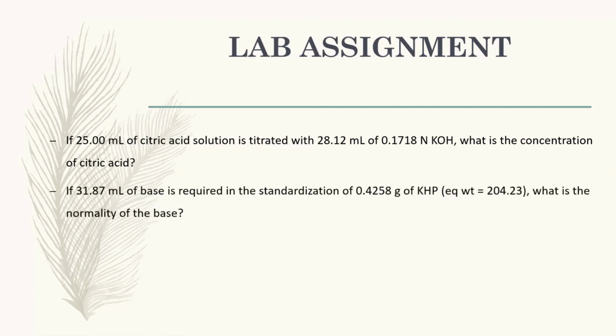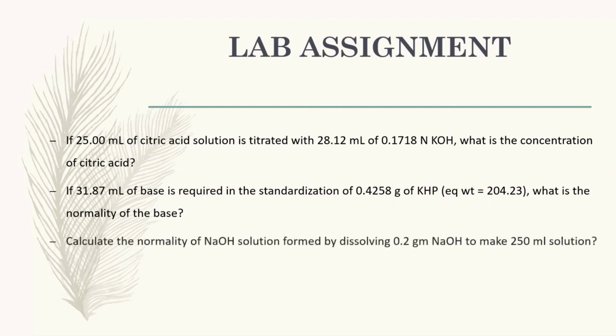If 31.87 ml of base is required in the standardization of 0.4258 gram of KHP having equivalent weight 204.23, what is the normality of the base? Calculate the normality of NaOH solution formed by dissolving 0.2 gram NaOH to make 250 ml solution.